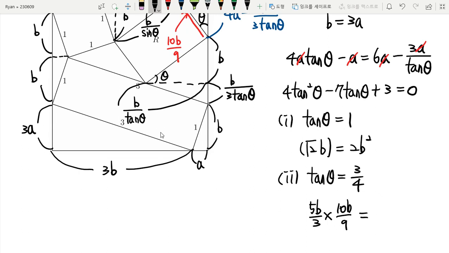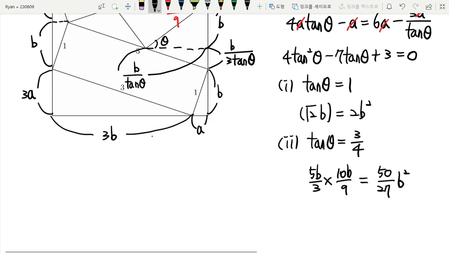So that's the second rectangle's area. So we want to find the sum of these two.